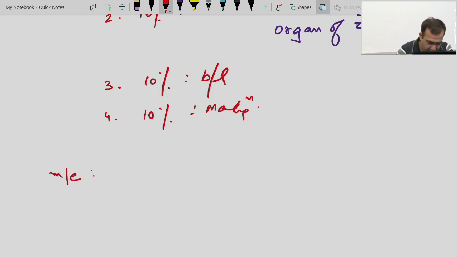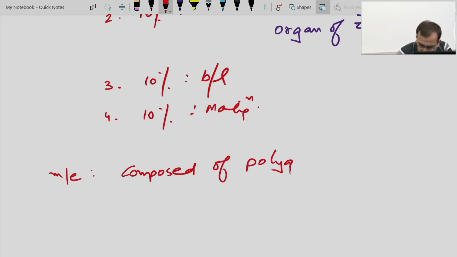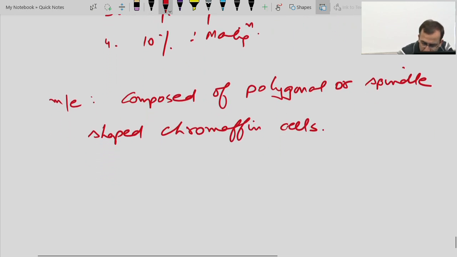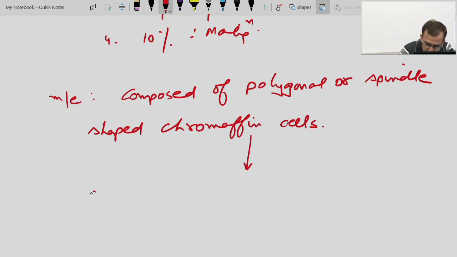Microscopically, they are composed of polygonal or spindle shaped chromaffin cells, which are compartmentalized into small nests.